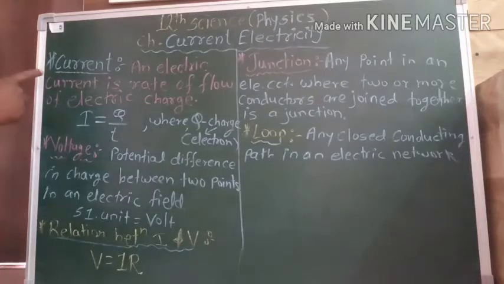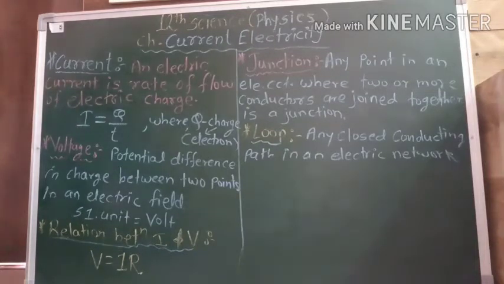The first definition of current is: an electric current is the rate of flow of electric charges.